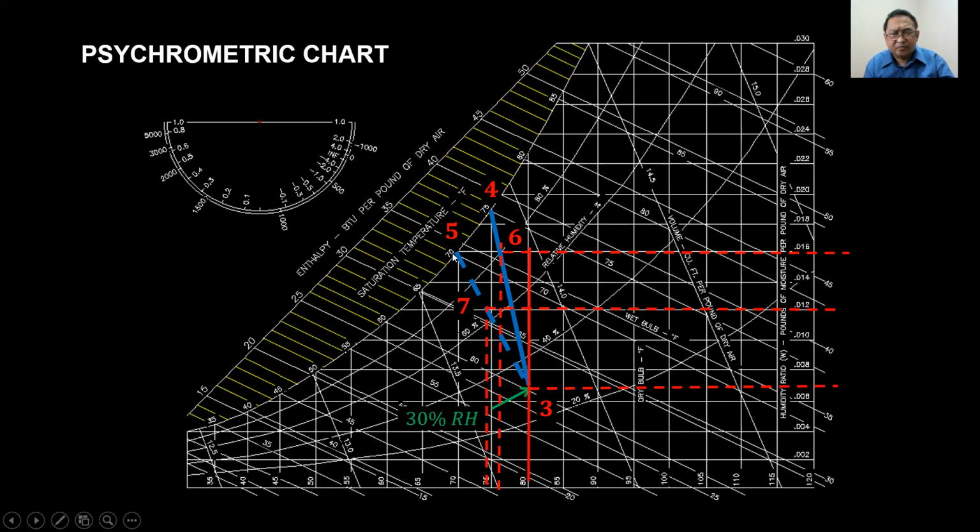So the temperature of the water will be at 70, and it will settle at point 7. So you have a lesser humidity than point 6, but it's also cooler, a lower dry bulb temperature at point 7.